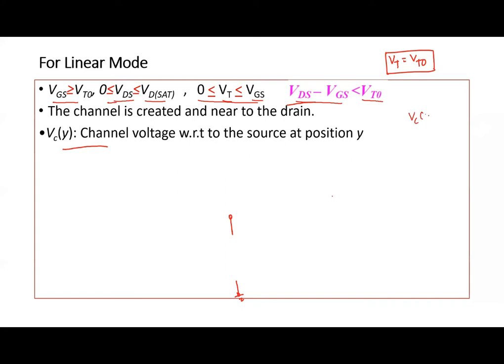the channel voltage at any position Y is given by VC(Y), and there are certain boundary conditions under which we are going to operate. At Y equal to 0, the source voltage is 0, and at Y equal to L, this is equal to VDS.